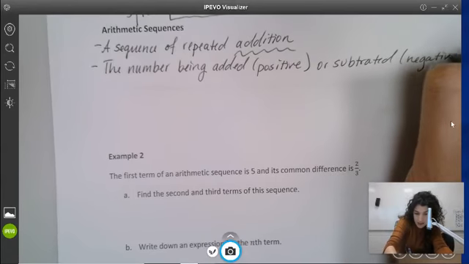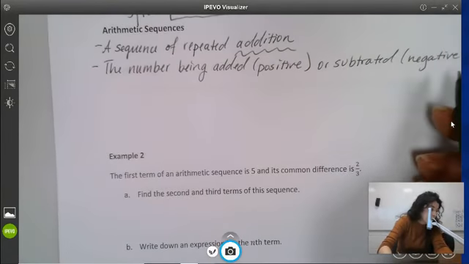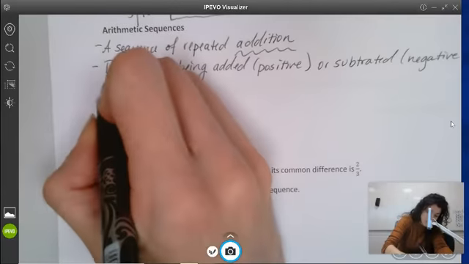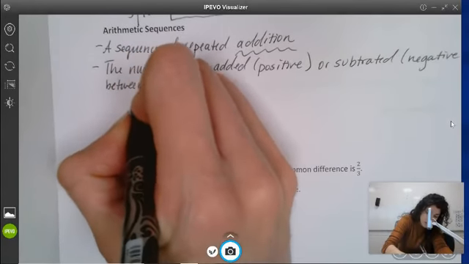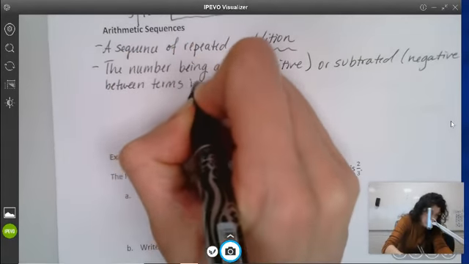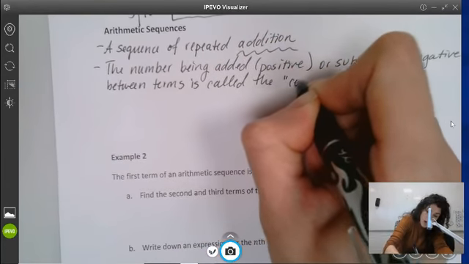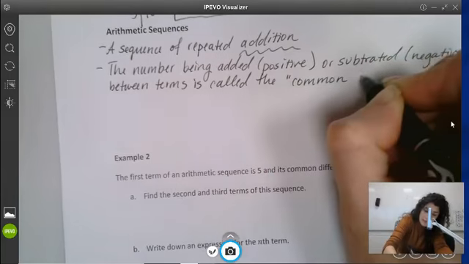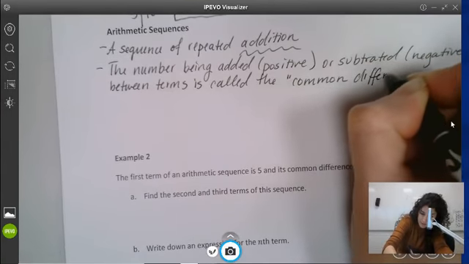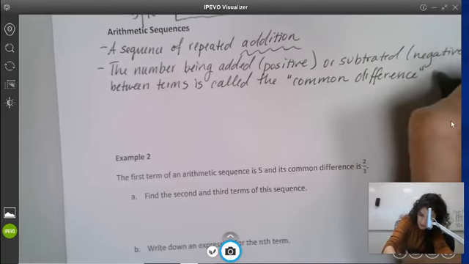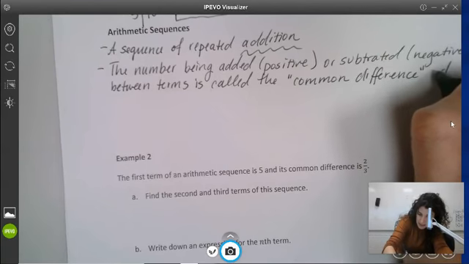I'll explain this in a second. Just go ahead and write it down for right now. Between terms is called the common difference. And it is d.